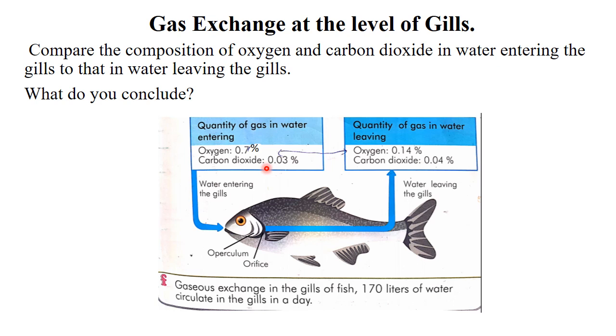However, the quantity of carbon dioxide in water entering the gills is 0.03%, less than that in water leaving the gills, which is 0.04%. What do you conclude? I conclude that the gills absorb oxygen from the water and release carbon dioxide to the water.